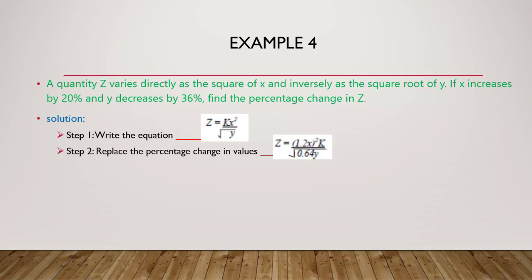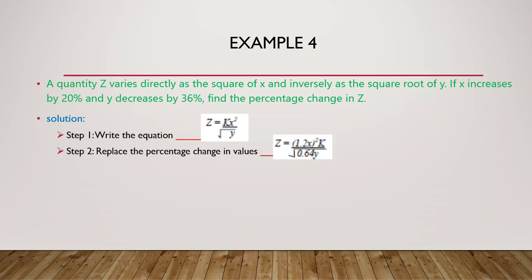The other value that had a change is the value of y that decreased by 36%. When a decrease in a variable happens, we subtract that value from 100%. So we have 100 minus 36 and we get 64. So 64% is 64 over 100, where we have 0.64 as the value.